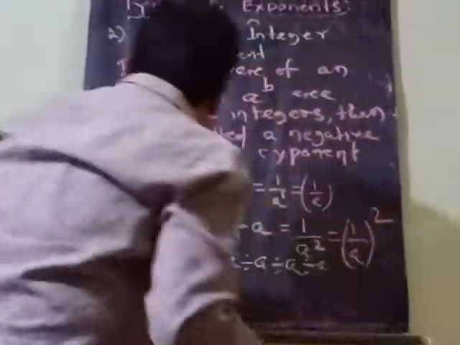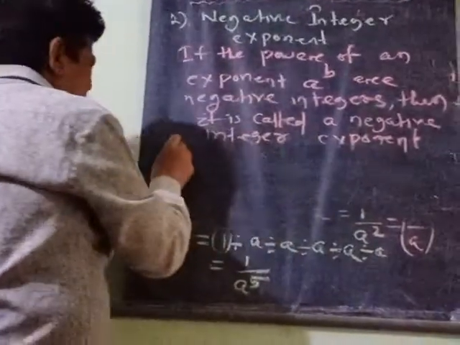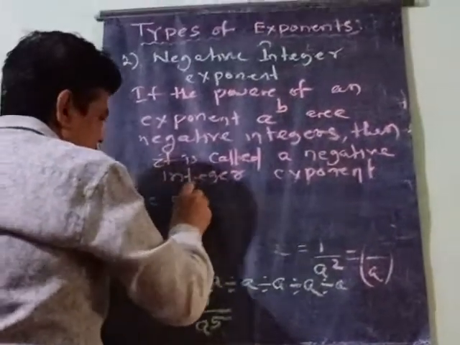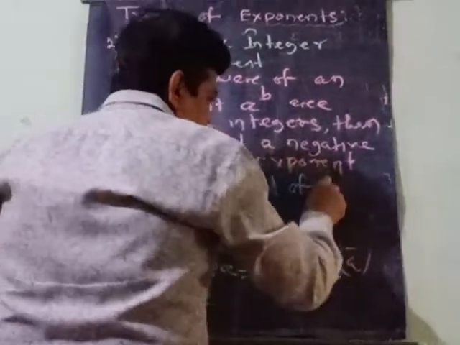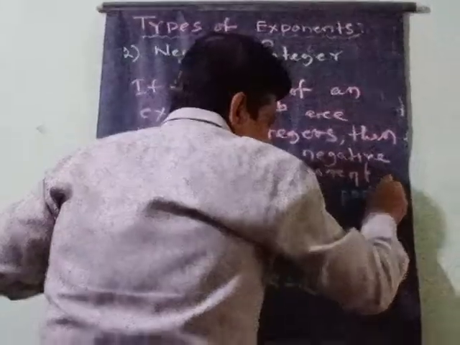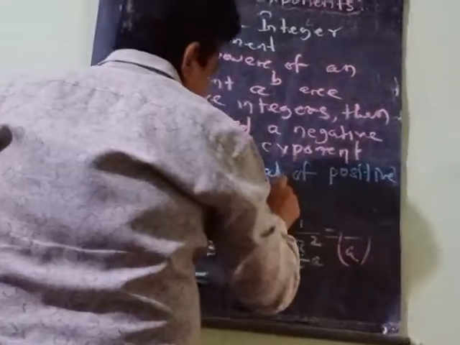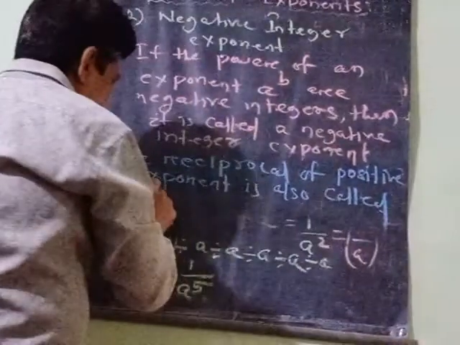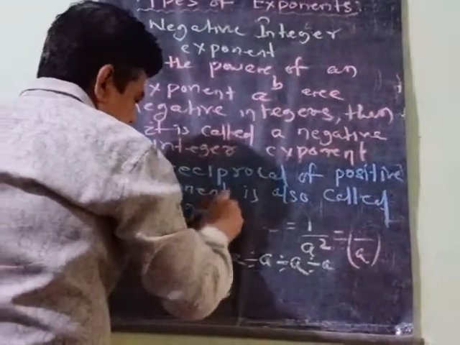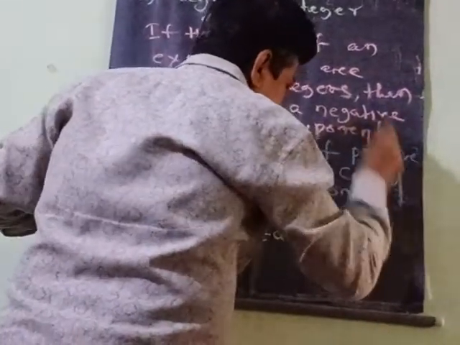It means we can define the reciprocal of positive exponent, which is also called the negative exponent, negative integer exponent. Understand?